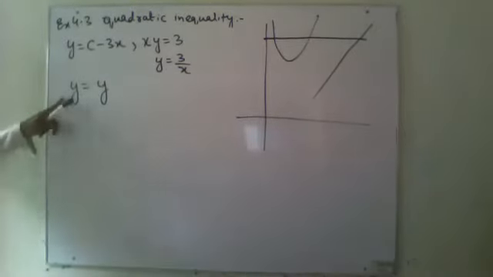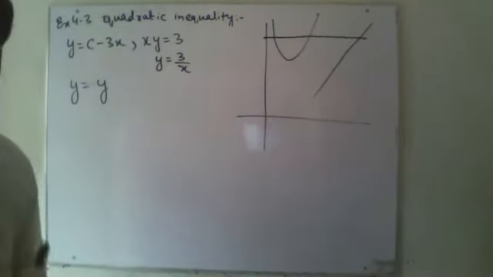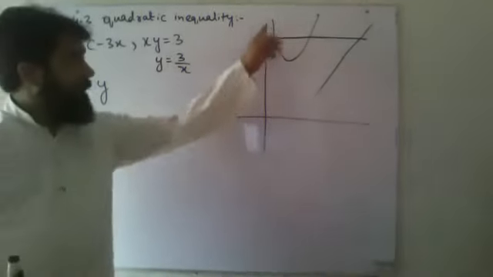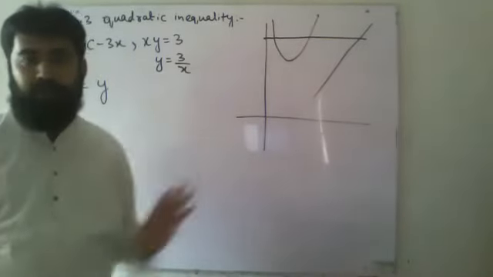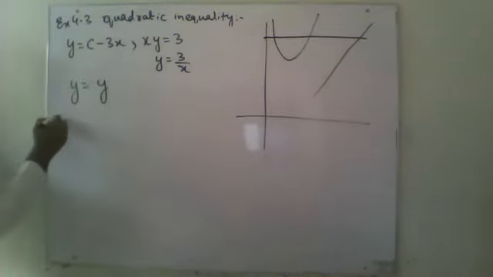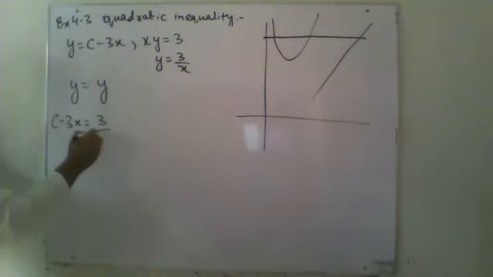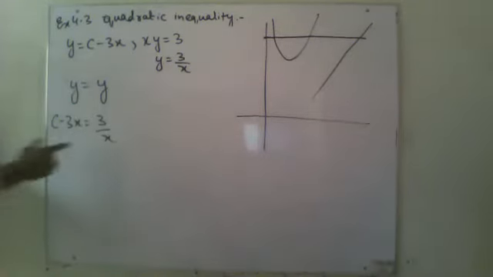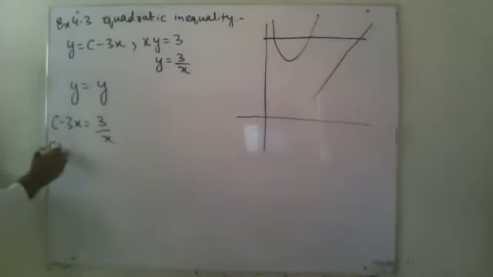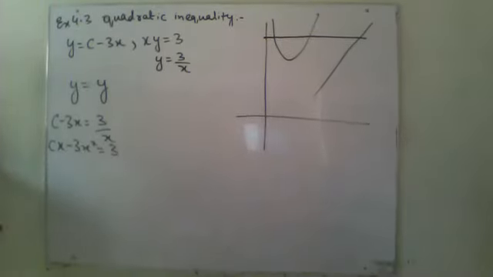Y of line and y of curve will have the same values at any point. So what I'm going to do, c minus 3x equals 3 over x. X will be shifted over here. Cx minus 3x square equals 3.